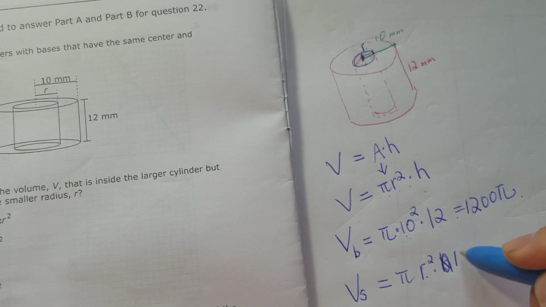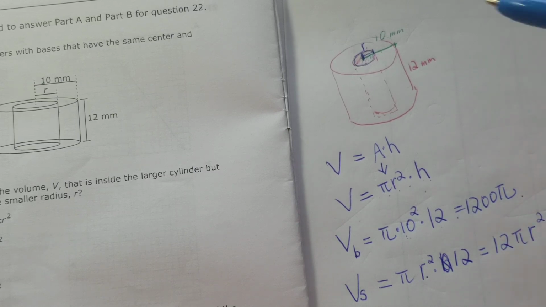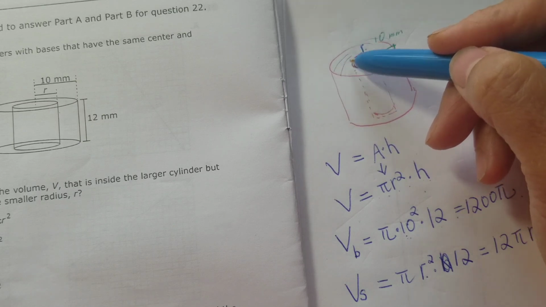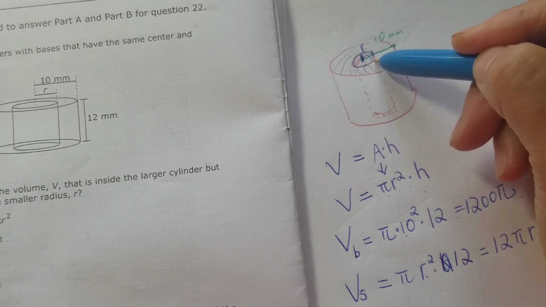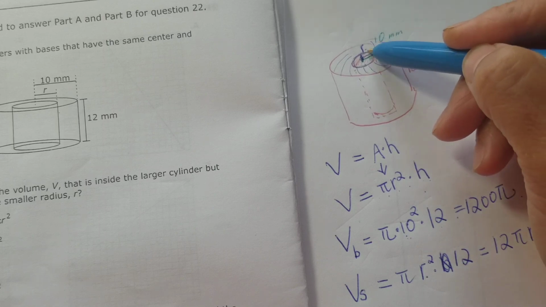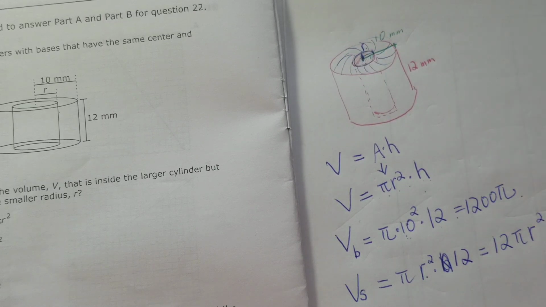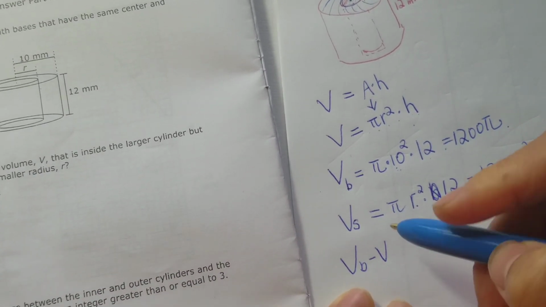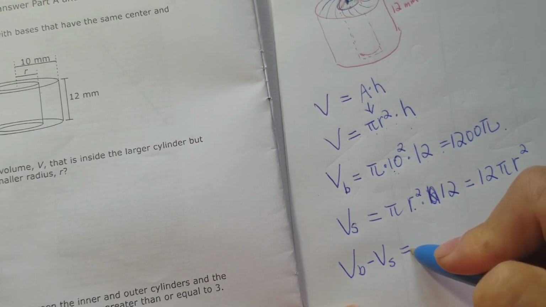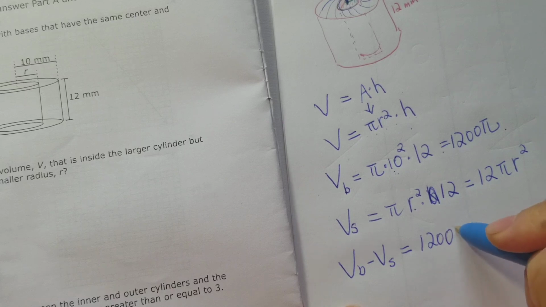Therefore, we're going to have 12 pi r squared. And remember again, the value of the toilet paper we are looking for is the value of the bigger cylinder subtract the value of the hole, which is 1200 pi minus 12 pi r squared.